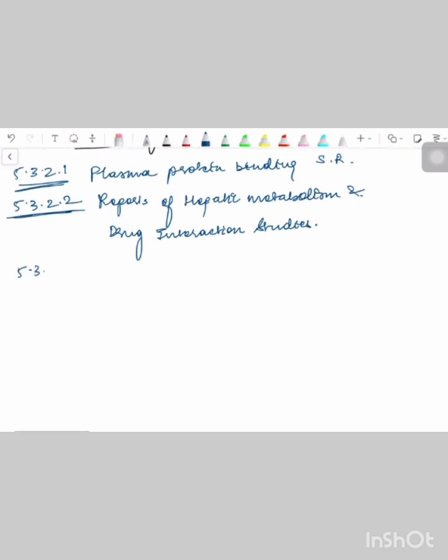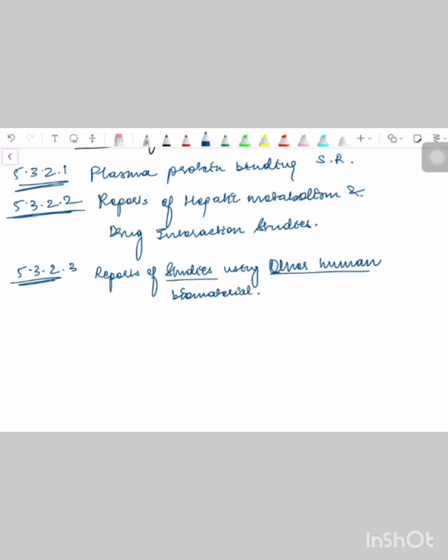Then 5.3.2.3 में आता है reports of studies using other human biomaterials.